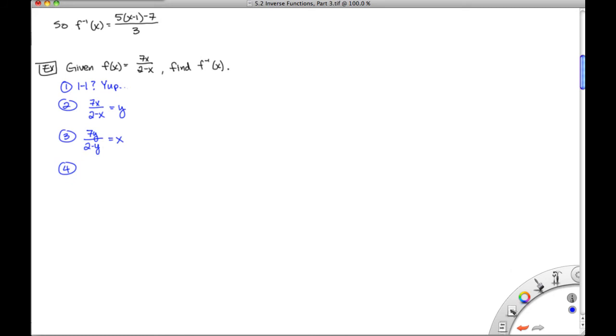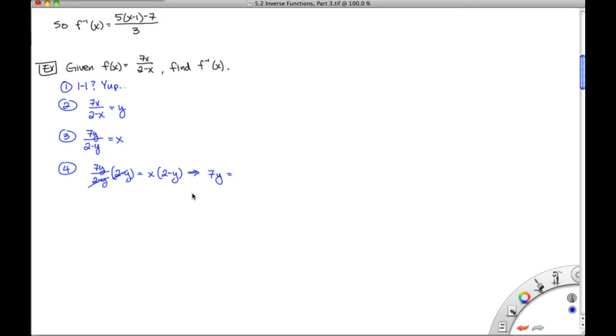So I take 7y over 2 minus y and multiply by 2 minus y, and I take x and multiply that by 2 minus y. So these will cancel out, and what we're left with now is 7y is equal to x times (2 minus y).